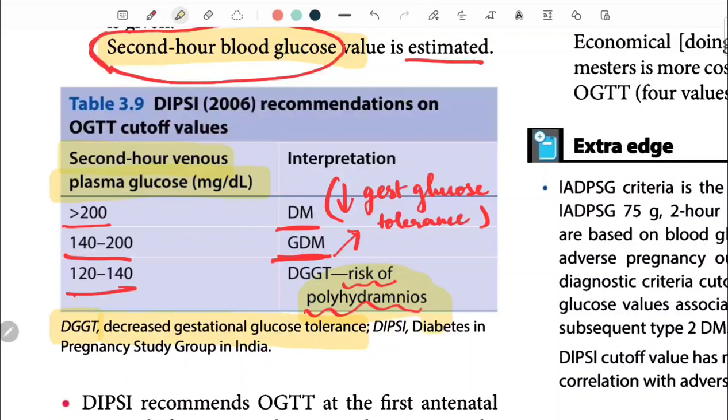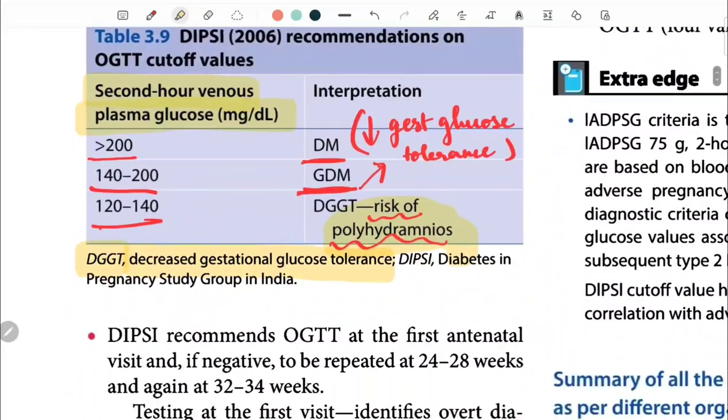If it is between 140 and 200 mg per dl, then it is gestational diabetes mellitus. If it is between 120 and 140 mg per dl, it is DGGT, decreased gestational glucose tolerance, and there is a risk of polyhydramnios.